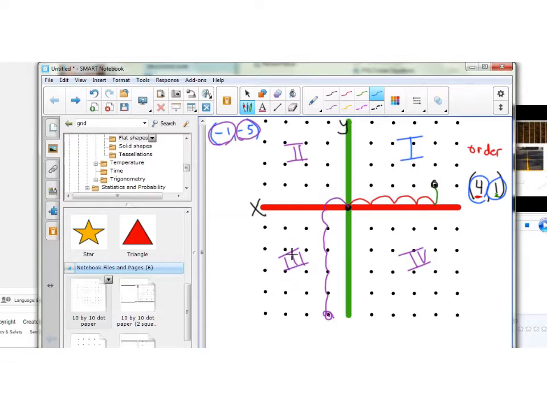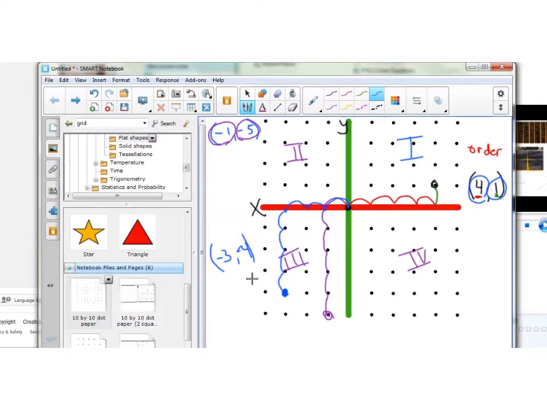So what do you think the blue dot, what's its address? So we start at the origin and we go -1, -2, -3, and then let's jot that x-axis address down, and then we're going -1, 2, 3, 4.